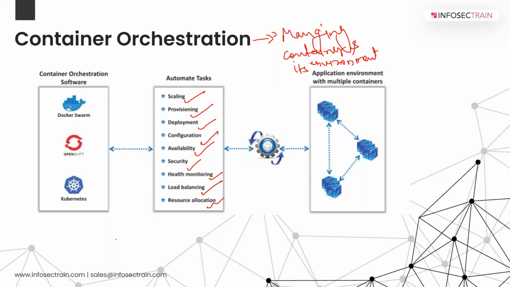Now the container orchestration service which we generally use, and the most famous one, is Kubernetes. Kubernetes was developed by Google so that we can manage different containerized applications.